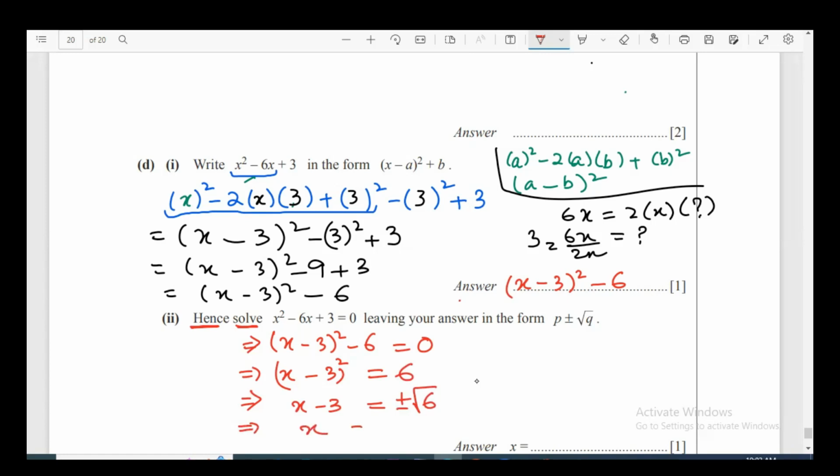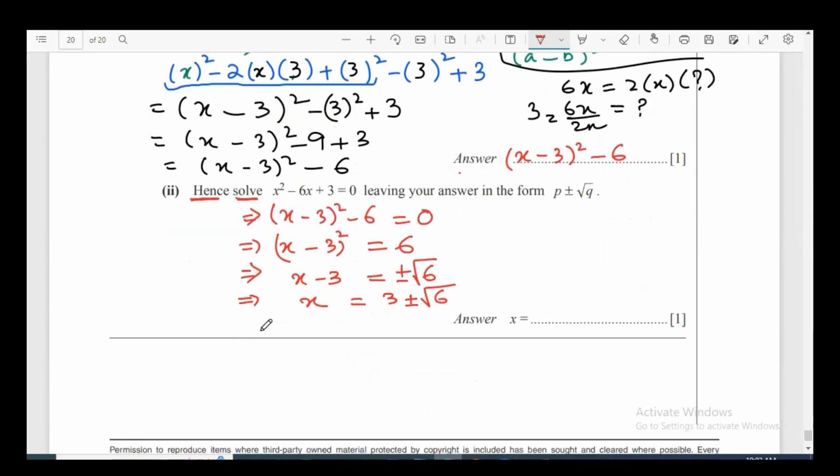So x equals 3 plus minus square root of 6. And do not try to further simplify, because the command is leaving your answer in the form p plus minus square root q. So value of x will be 3 plus minus square root of 6.